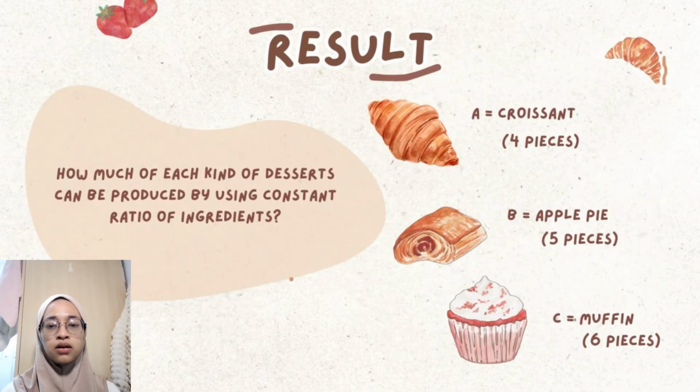So, how much of each kind of dessert can be produced by using a constant ratio of ingredients? From our way of solving this question by using the Gaussian elimination method, the result is we can produce 4 pieces of croissant, 5 pieces of apple pie, and 6 pieces of muffin.